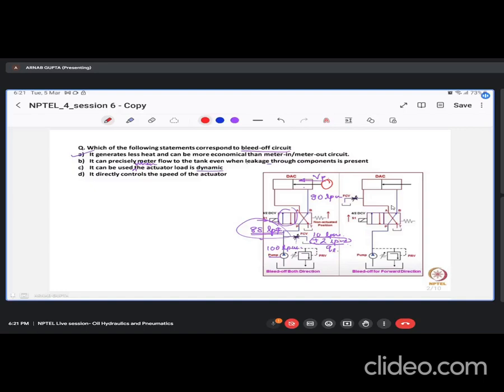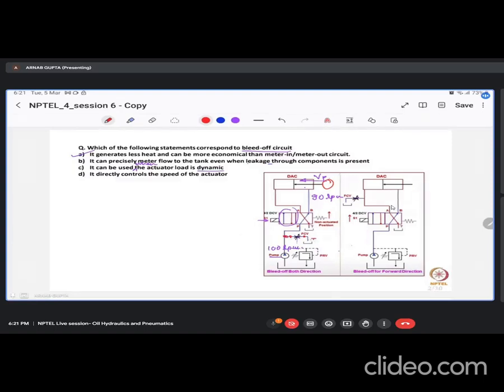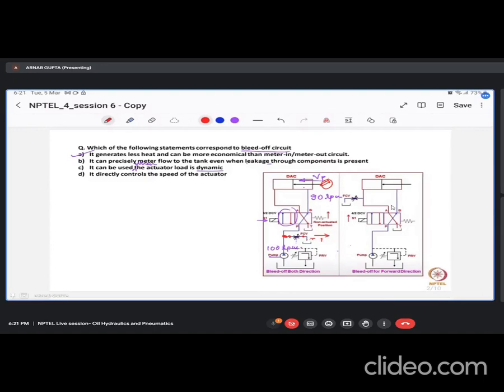So as a result, the pressure drop across this flow control valve will change, because here it's atmospheric pressure, say, and here the pressure is changing due to the dynamic load. As a result, the flow through the bleed off circuit is not compensated, and hence it's not constant. So we will not get a constant flow in this line since this is varying.